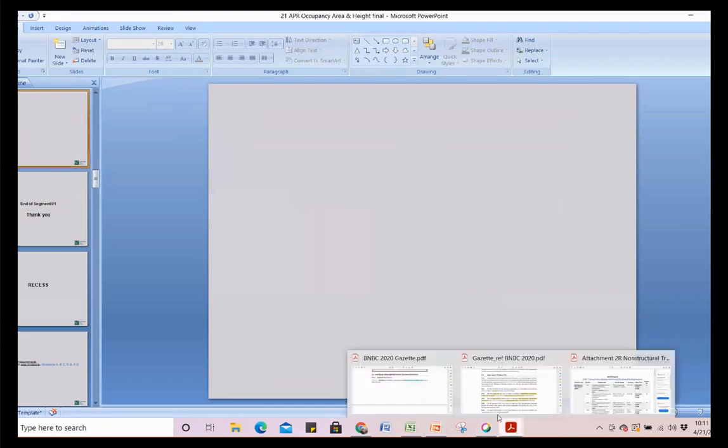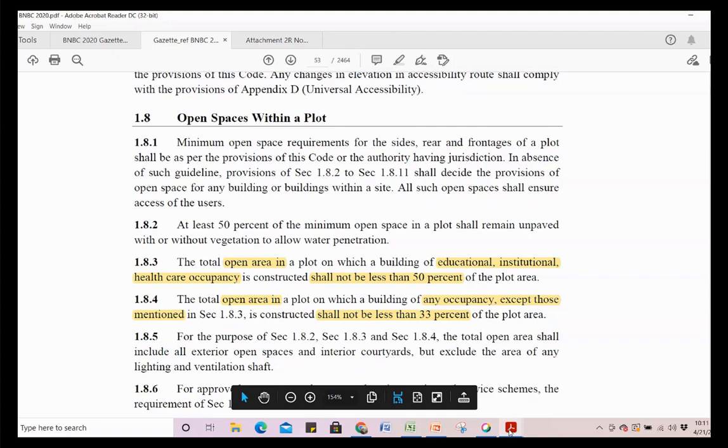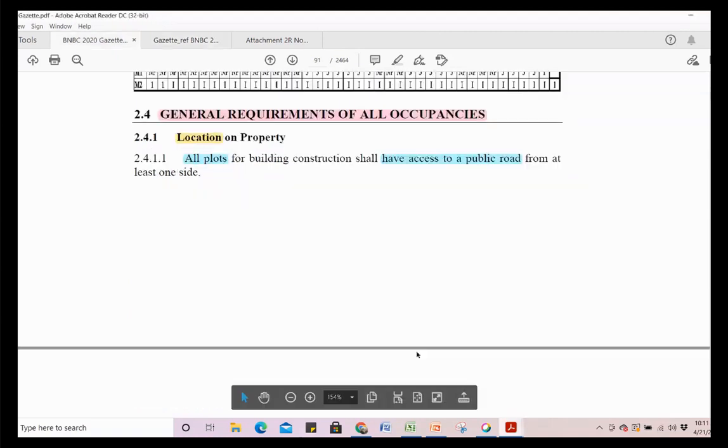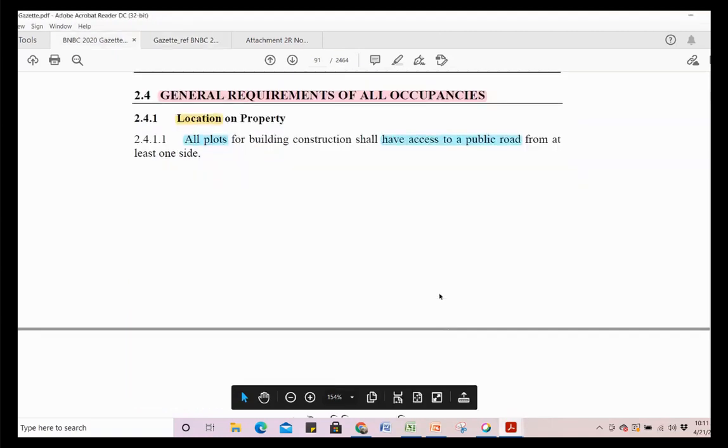So I'll switch the presentation to a different file. I think you can see it. So the section 2.4 of part 3 chapter 2, this is the page I'm showing directly from the BNBC 2020 gazette.